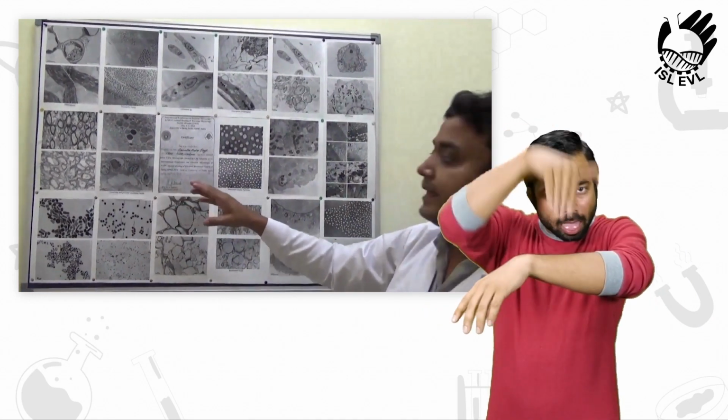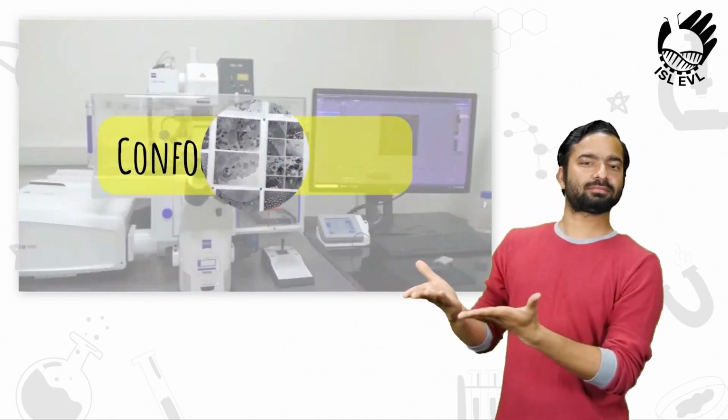You can see the internal structure of a cell or tissue through these samples, through this microscope. You can also analyze nanoparticle or material samples. You can find out the shape, size, and morphology of the sample through the transmission electron microscope also.